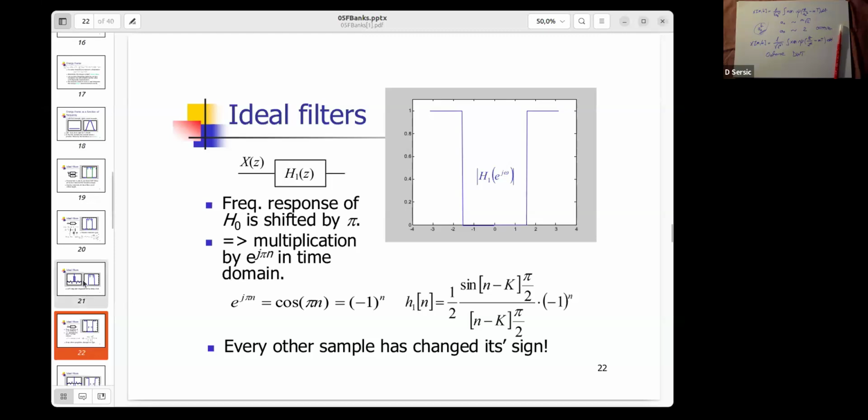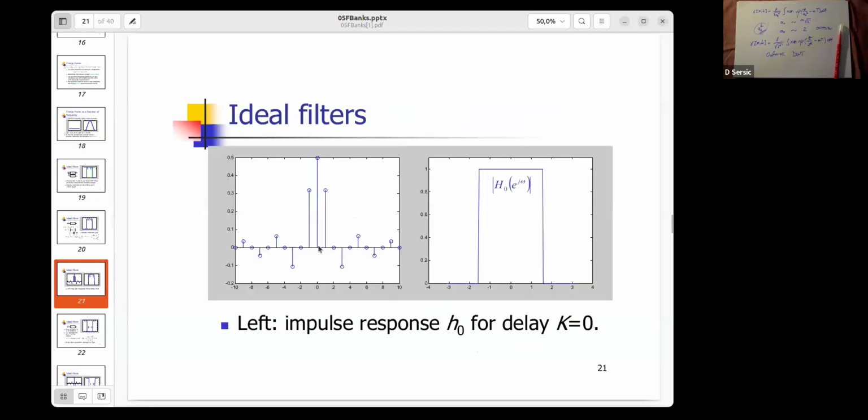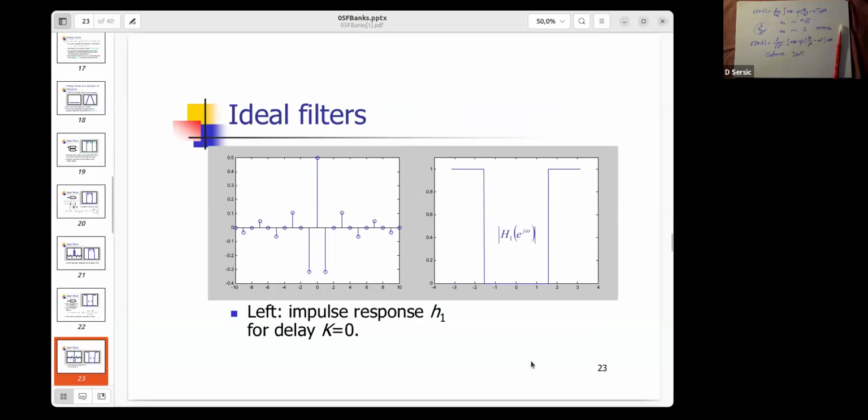I will just go back for a second. This is the impulse response of the low pass filter, and the impulse response of the ideal high pass filter will be almost the same. Only we have to change the sign of every second sample. So it looks like this.